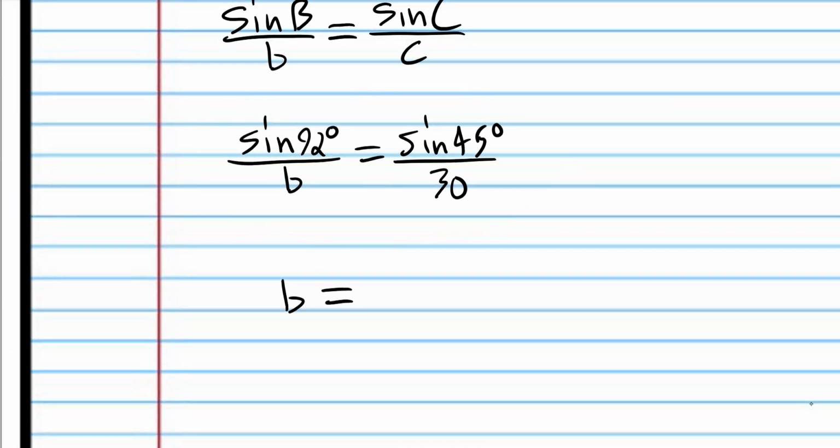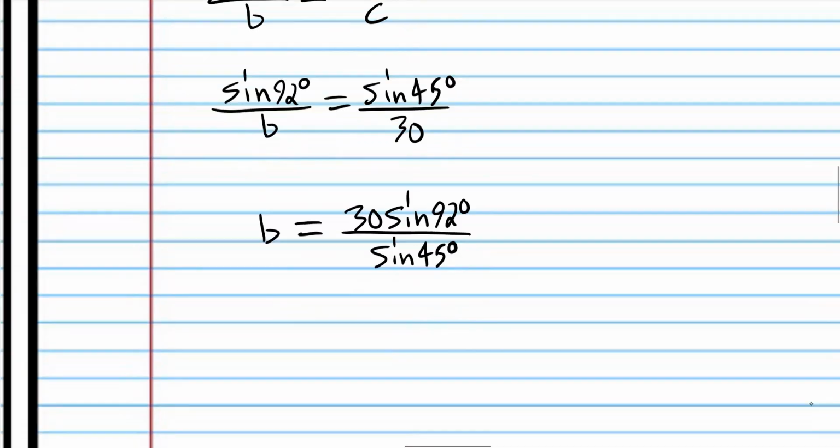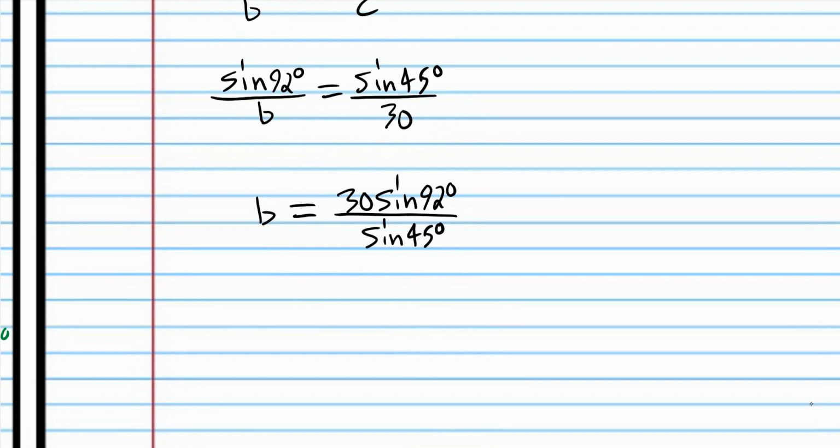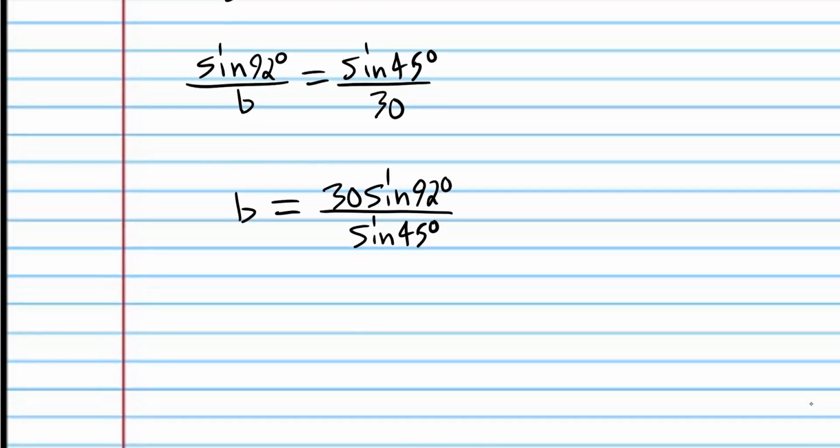It's a lot easier than you think. So we're going to get 30 times sine 92 degrees over sine 45 degrees. The method that I'm using in my head is the cross multiplication method. It's just the fastest and easiest way to do that algebra in your head.